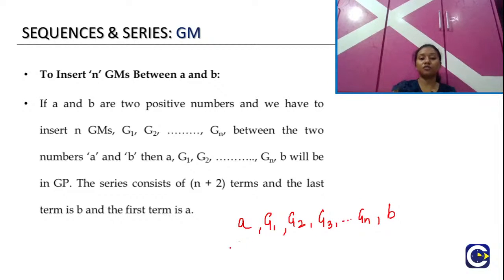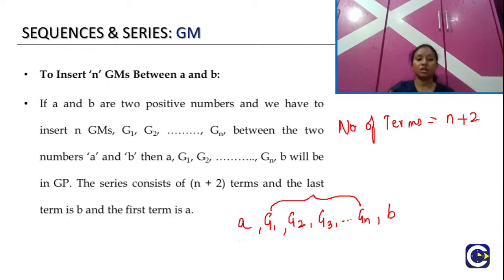So now the progression will have the terms A, G1, G2, G3, and so on until Gn, B. From G1 to Gn we have n terms, and apart from these n terms we have two more terms, A and B. So the number of terms in this progression will be n plus 2, right?